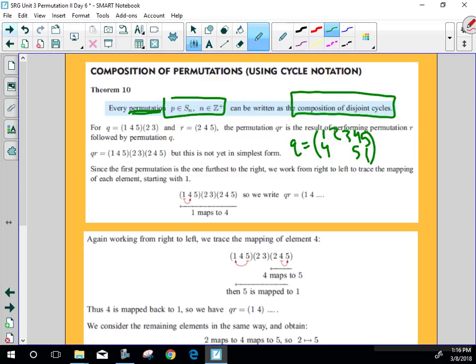And then it says 2, 3, so 2 must go to 3, and 3 must go to 2. So there's your Q.